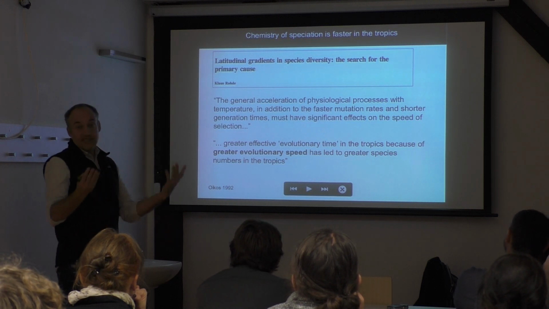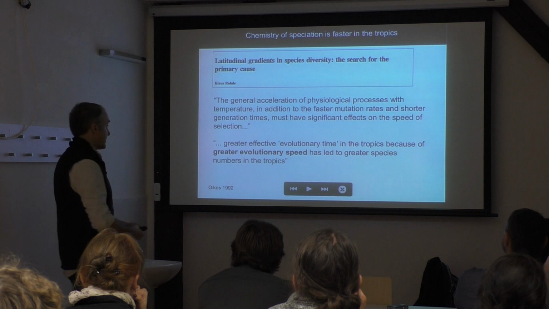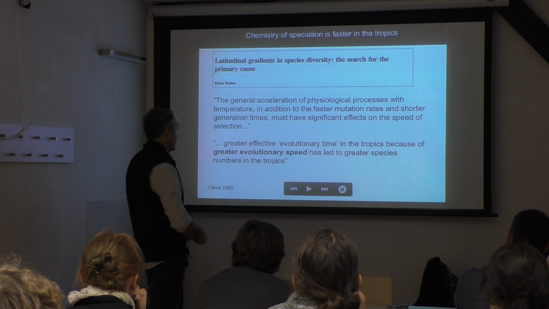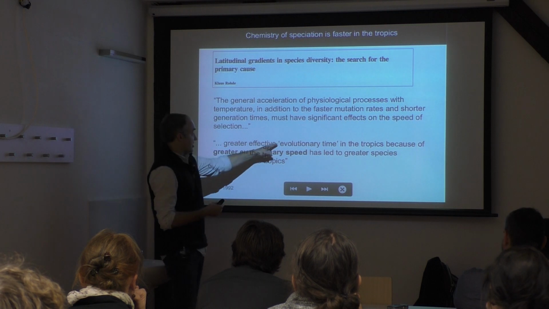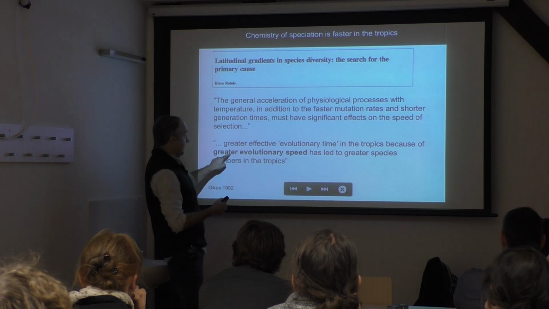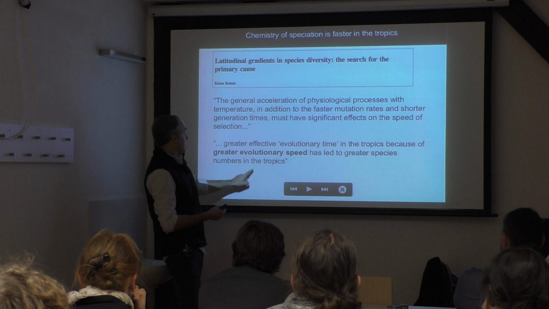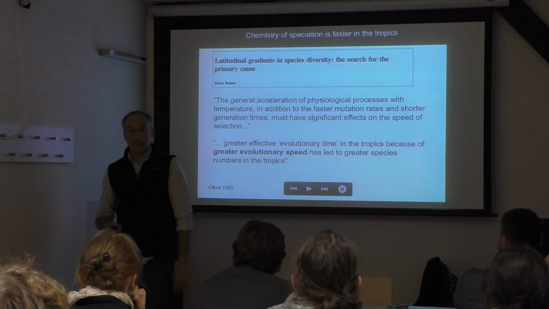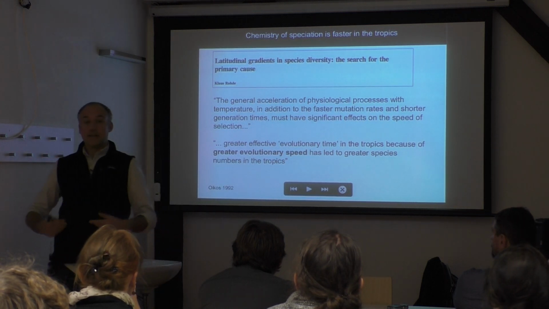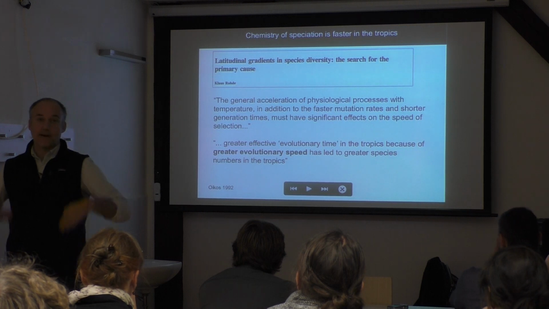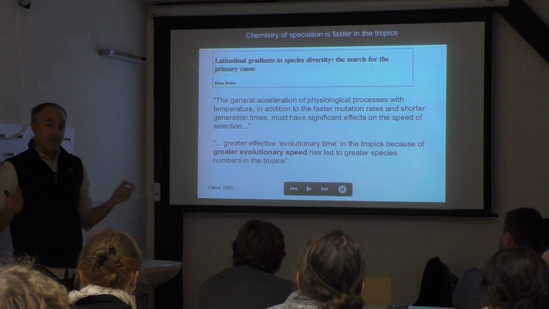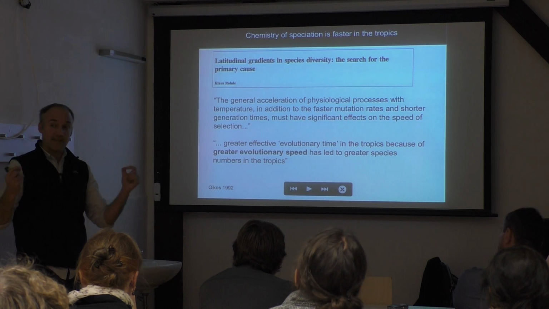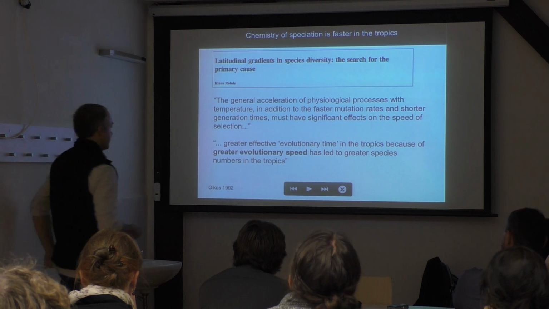These things must have significant effects on the speed of evolution, or the speed of selection. So evolution will be faster in the tropics, and this greater effective evolutionary time in the tropics, because of that greater evolutionary speed, will lead to greater species numbers in the tropics. That's basically the idea that biochemical processes run faster, species interactions run faster, and all of that generates faster rates of speciation in the tropics relative to the non-tropics.